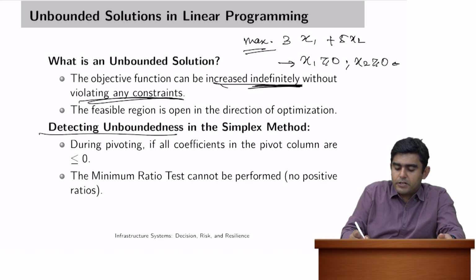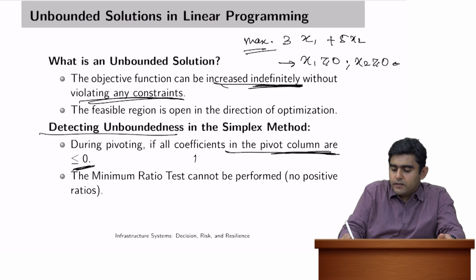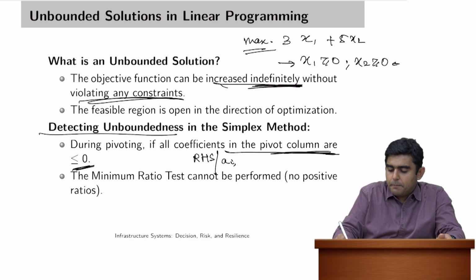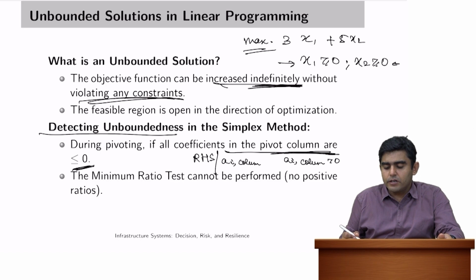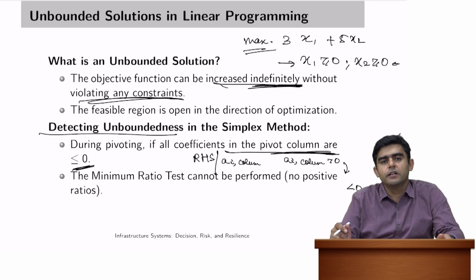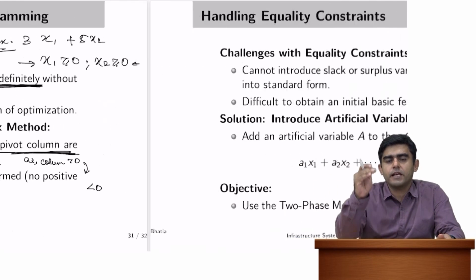For the minimum ratio test we need to have the RHS divided by the coefficient in the pivot column, but this ratio can only be taken if these coefficients are greater than 0. If all of them happen to be less than 0, then it is guaranteed that there is an unbounded solution, and the minimum ratio test cannot be performed, because nothing is forcing your variable to hit 0 when one of the non-basic variables is increased as it enters the system.